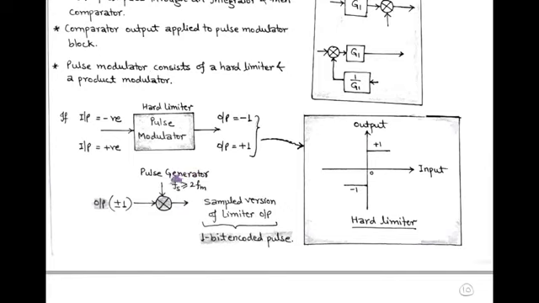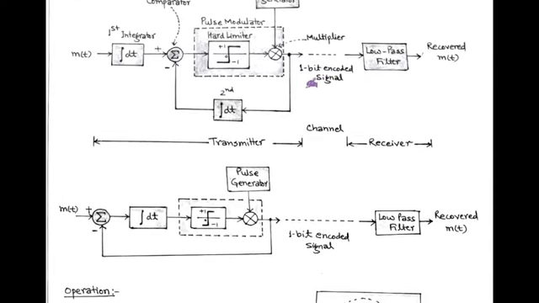Here, the pulse generator generates a pulse at a sampling rate Fs greater than or equal to twice Fm. And we get the sampled version of limiter output that is called a 1-bit encoded pulse. And this is transmitted through the channel.